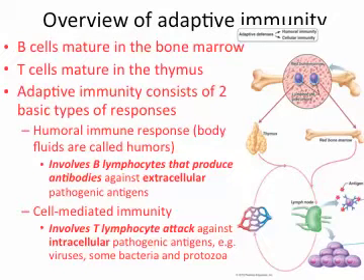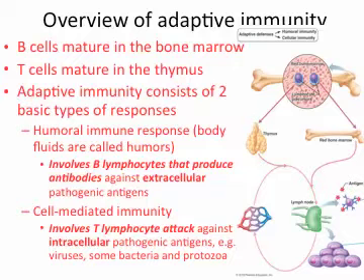So this is basically what I said in the previous slide, that the B cells mature in the bone marrow, T cells in the thymus. Adaptive immunity has two subtypes, the humoral immune response, and they call it that because body fluids, I guess back in the Greek times, were called humors, and the humoral response involves the B lymphocytes that make antibodies.